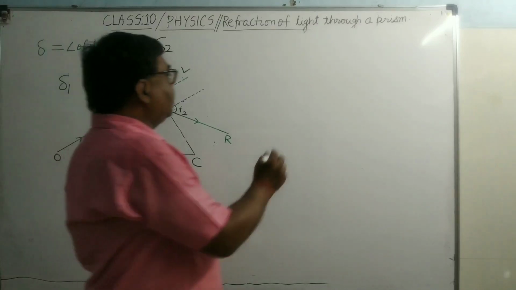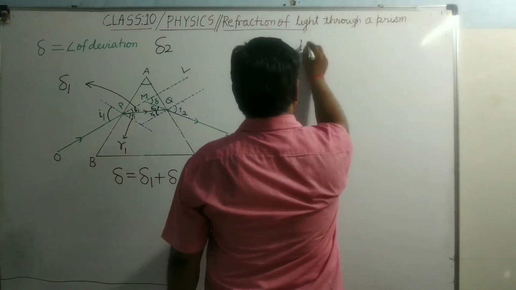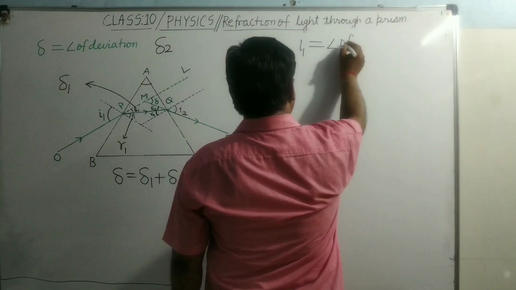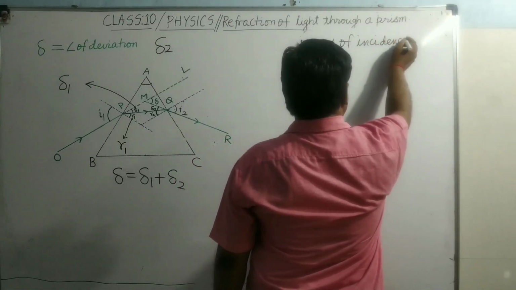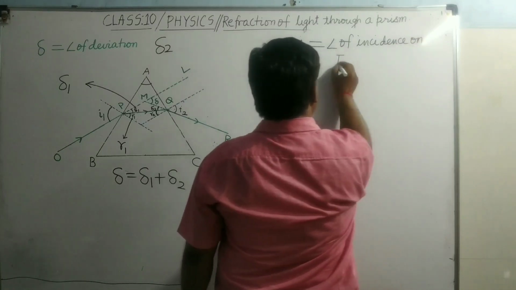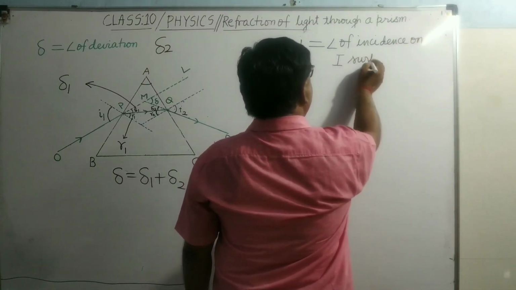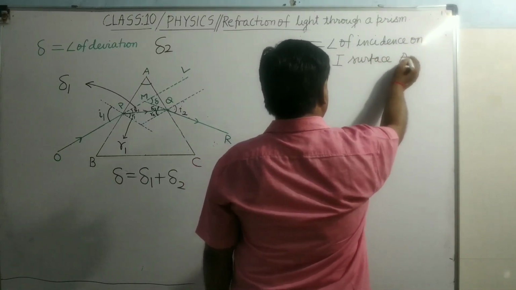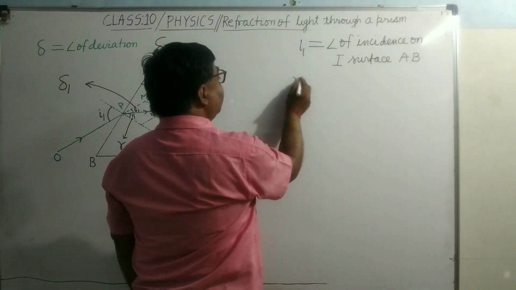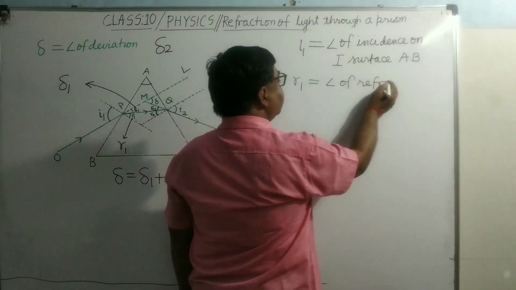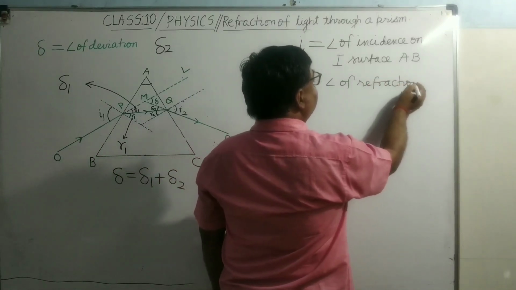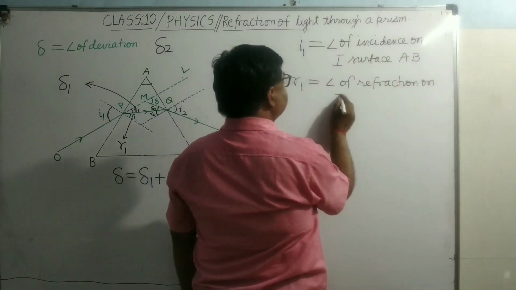Here you can write, I1 is what? Angle of incidence on the first surface. Here the first surface is AB. R1 is the angle of refraction on the first surface.